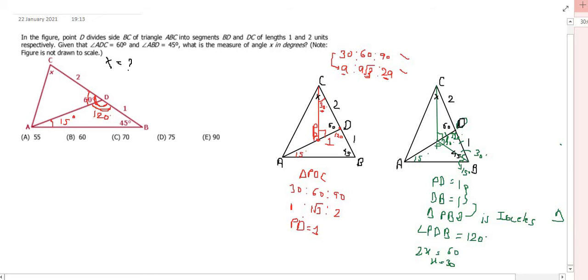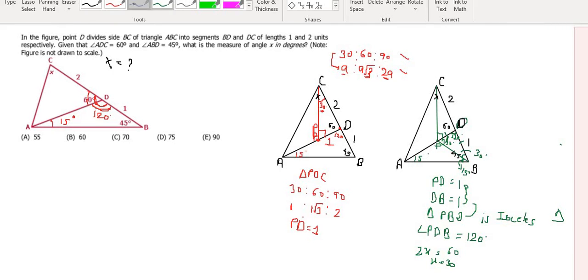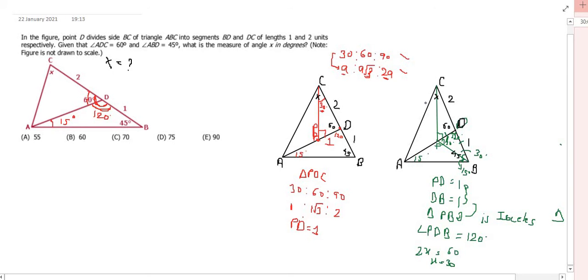Now, this particular angle is 30 degrees. You have to please very carefully have a look here now. Since you've already solved this triangle here, with the help of this triangle you could find out this angle, which is 15 degrees here.